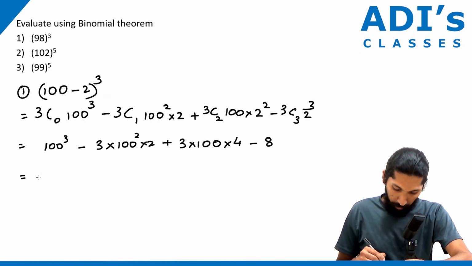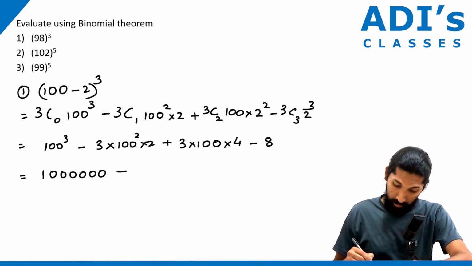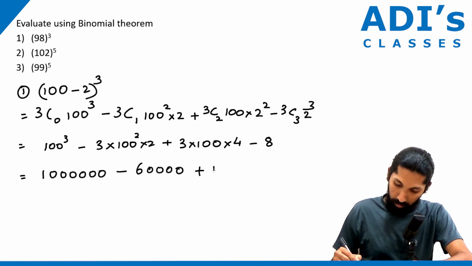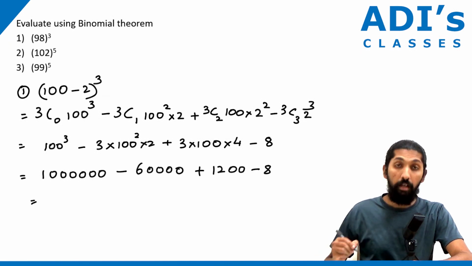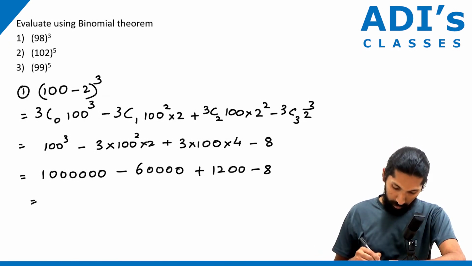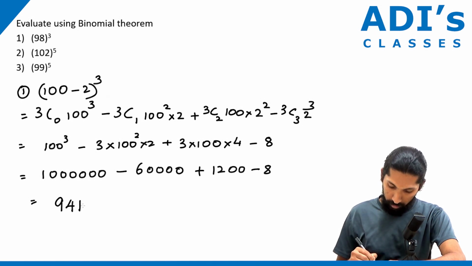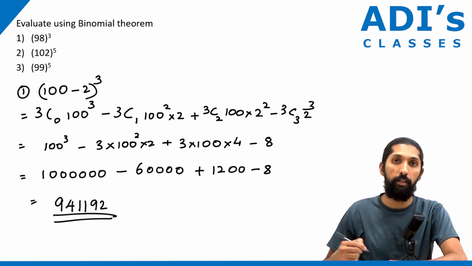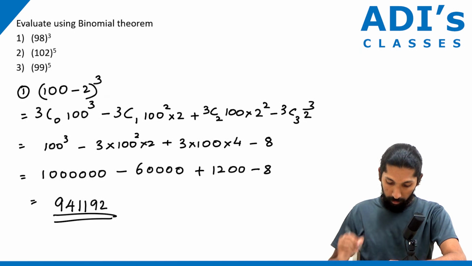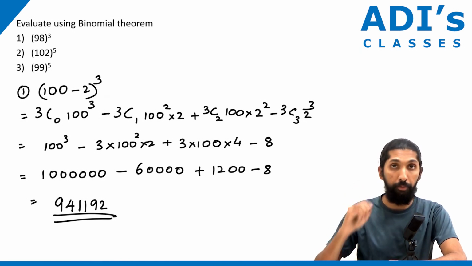So you're going to get 1 followed by 6 zeros, minus 2 into 3 is 6, 6 followed by 4 zeros, plus 1200 minus 8. Correct? So this is going to give us 941192. This will be the final answer. So this is the answer for 98 cube.